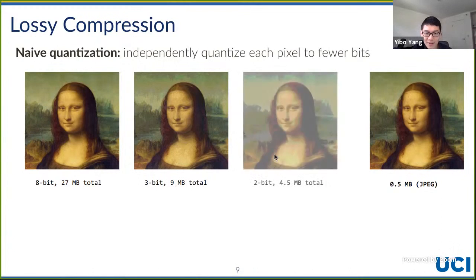And if we keep going, if we reduce it down to a 2-bit number, so each brightness value can be represented by only 4 values, then you can only get it down to about 4.5 megabytes. And you can notice, I'm not sure if you can see via Zoom, these artifacts, sort of granularity in these pixels. These are artifacts that we can easily notice.